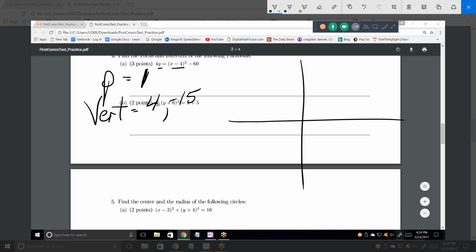It's y equals x squared, that makes it vertical, and there's no negative sign in front of the x squared, so it must open up. So my vertex is way down here at 4 comma minus 15. I know the thing opens up. Where is my focus? What are the coordinates of my focus?